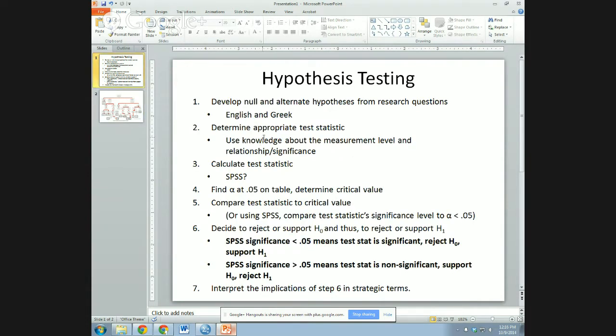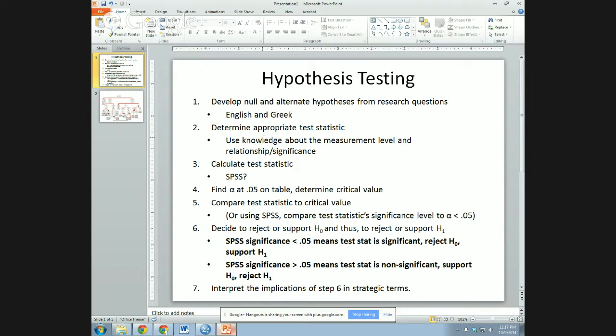So we've now come down to number 2, determining the appropriate test statistic using that slide. The third part is to calculate the test statistic. Now we have the formulas to be able to do that, but we can also do that with SPSS, which calculates test statistics really quickly, particularly when we have a lot of data, and that's very helpful to us.